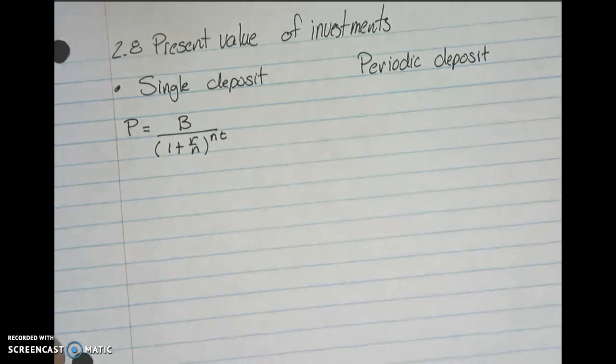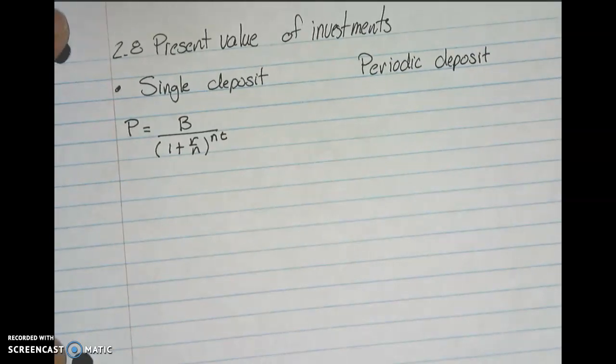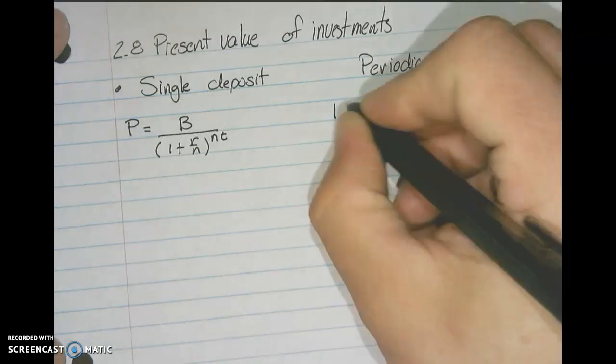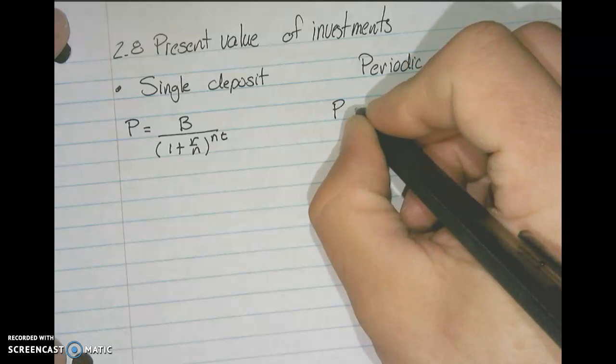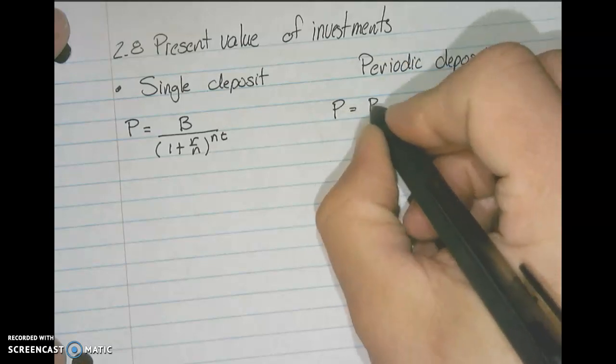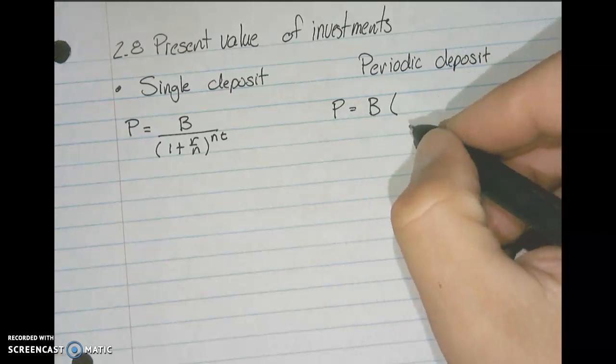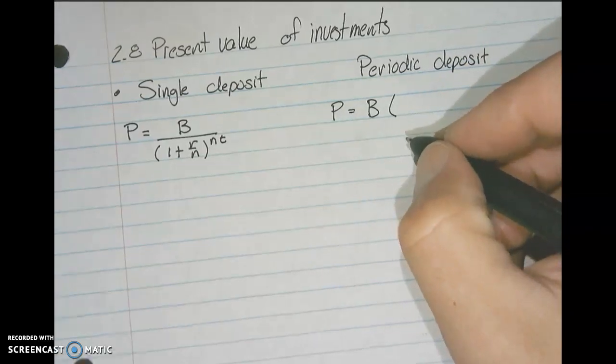Now, the next one we have is our periodics. We're going to be putting money into it. This one is our future value investment.